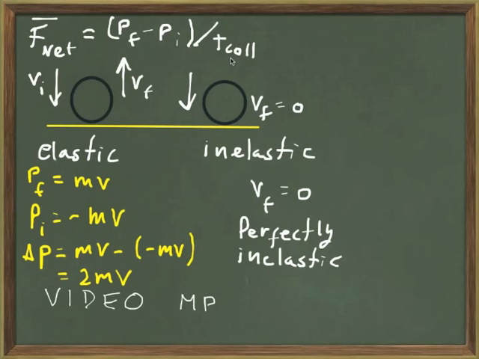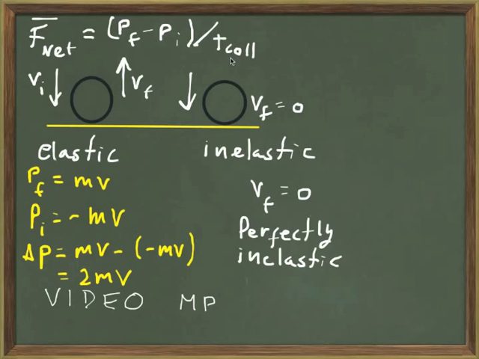You start with a debt of $1,000, and after 1 month you have $1,000 in the bank. So your change in money, you would receive an inflow of $2,000. So the same situation here. You had minus mv, later you have mv. What's the change? You had mv to bring it to stop, and another mv to make it go up.